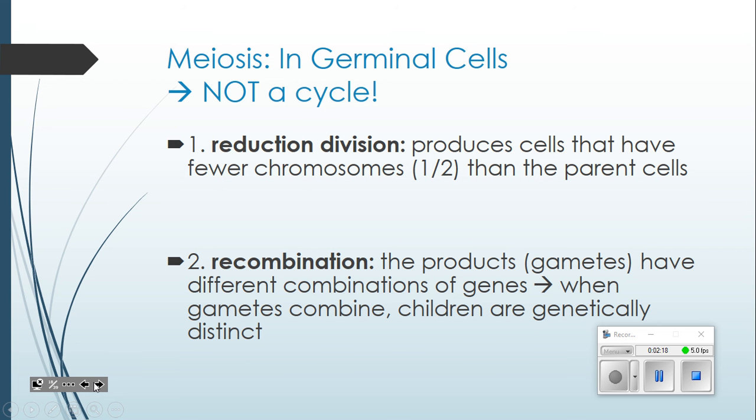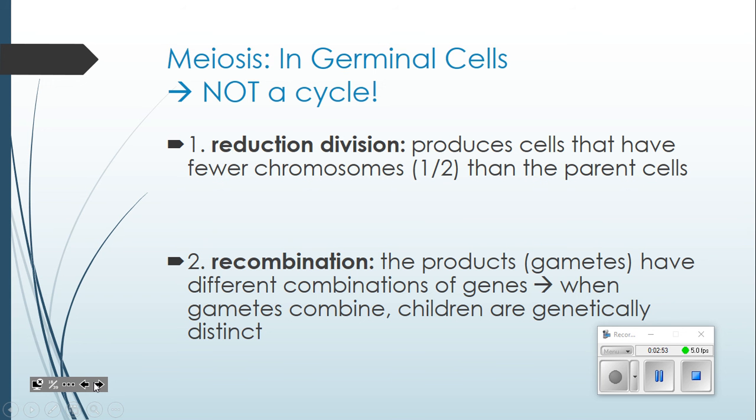So we are still going to talk about cell division, right? One cell making more cells. But this time, we're going to produce cells that have fewer chromosomes, generally half, than the parent cells. So in humans, for example, regular diploid cells have 46 chromosomes, but gametes, the sperm and the egg, only have half, only have 23. So that is the main, number one, most important reason for meiosis.